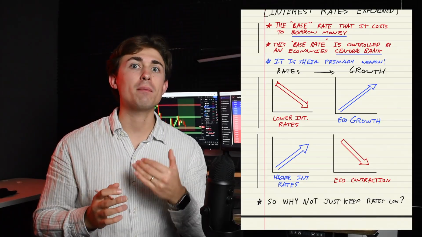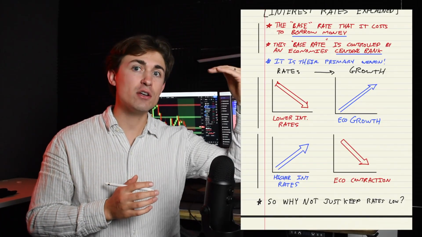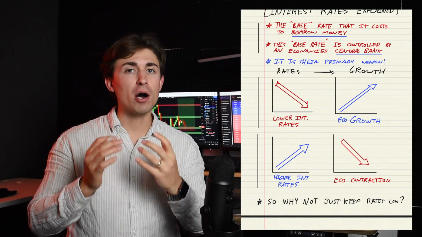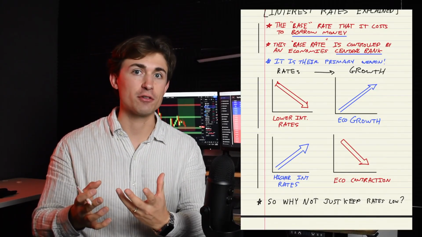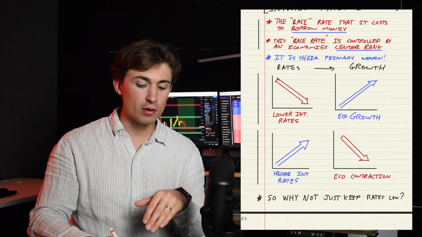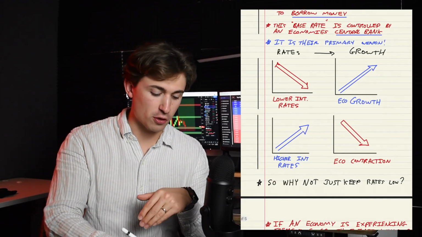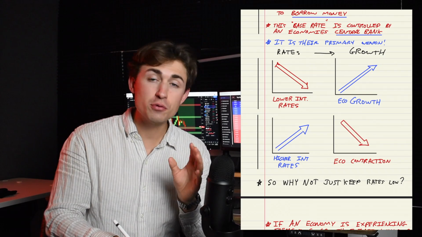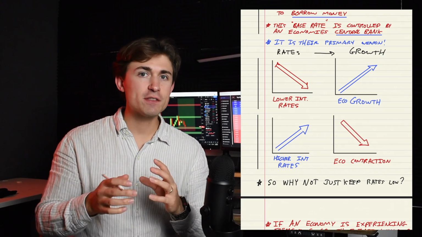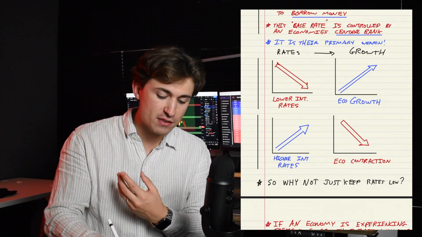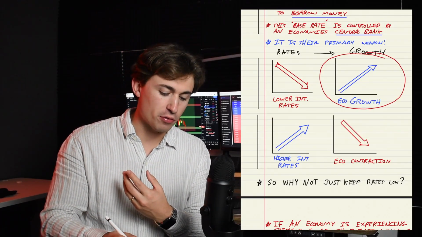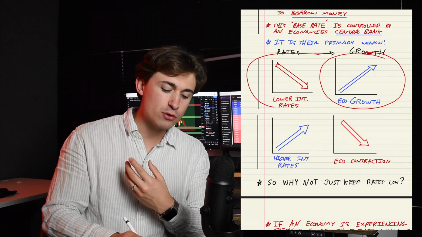So a central bank may need to use their interest rates to make borrowing easier or harder for the citizens, the people of the country, and so on and so forth. An example here is this little chart I've got. I want to show you two different scenarios. If a central bank wants to increase growth in an economy, what it might do is lower interest rates.